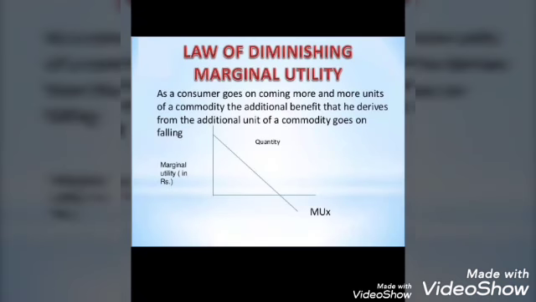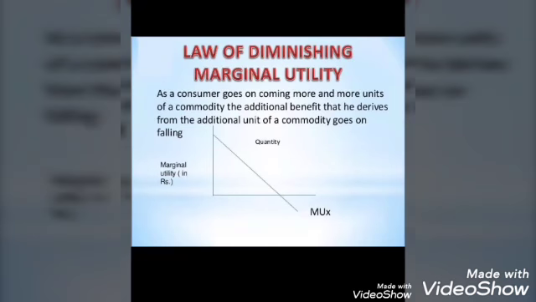Accordingly, every successive unit of a commodity offers less and less satisfaction. It means marginal utility decreases as consumption of the commodity increases. So this was the law of diminishing marginal utility.